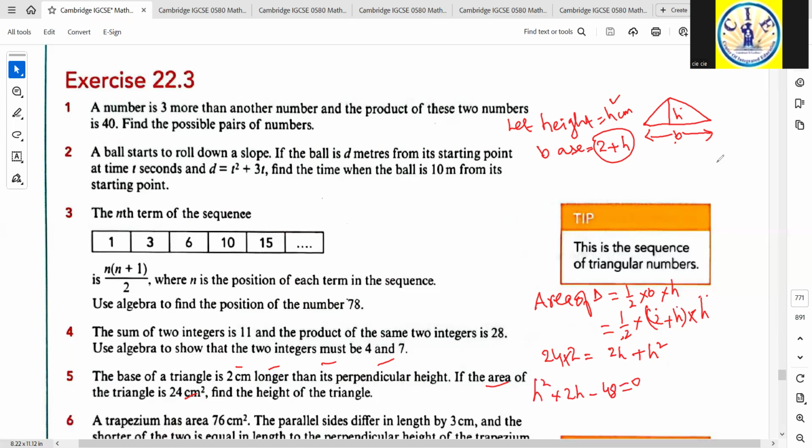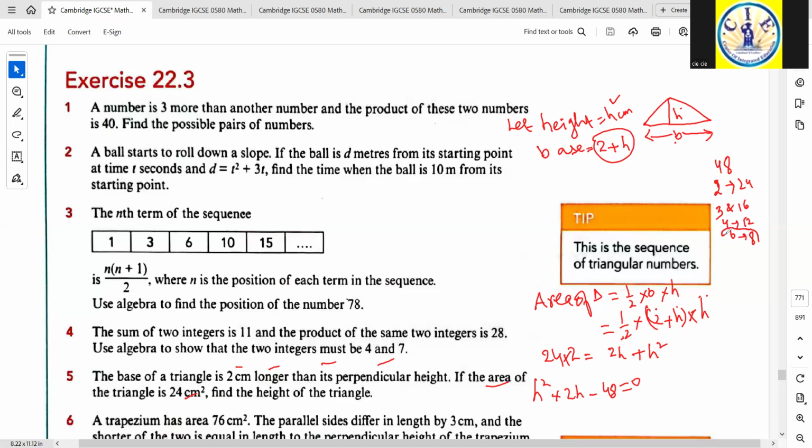The factors of 48, except 1, I start off from 2 and 24, then 3 and 16, 4 and 12, 6 and 8.